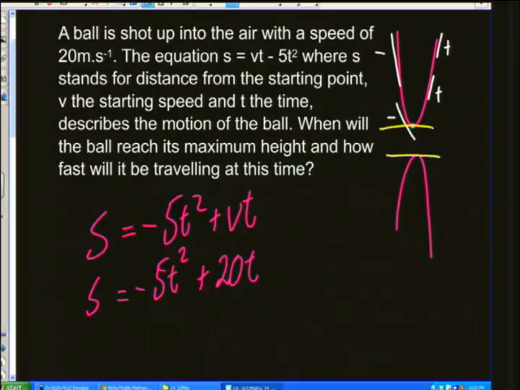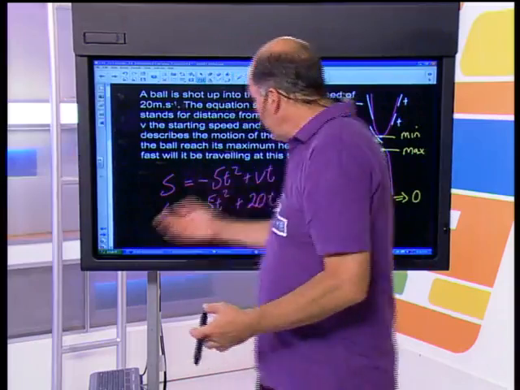So this point is either a minimum or a maximum. They have something in common. The gradient at a minimum and a maximum is equal to 0. So what we need to recognize is this is the power of calculus. We can maximize or minimize using the equation.